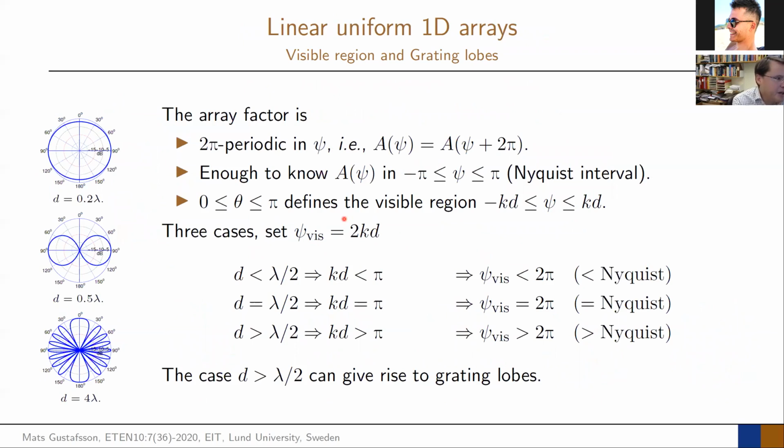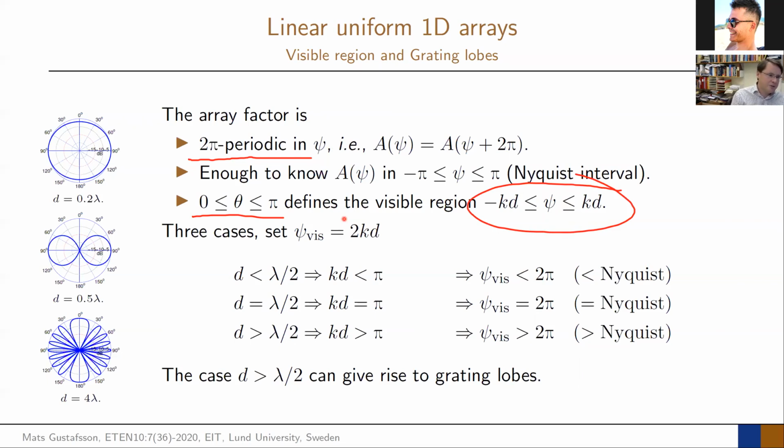And in these cases, we've seen that we could have different distances, and then we can have different elements that sit there. If we look at what's happening in these cases, we can see that our array factor is 2 pi periodic in this digital wave number. So we can actually compare that with sampling of a signal if we would like to. We can say we have a visible region, which is our theta, between 0 and pi, and that corresponds to our digital wave number here being in the range plus minus kd.